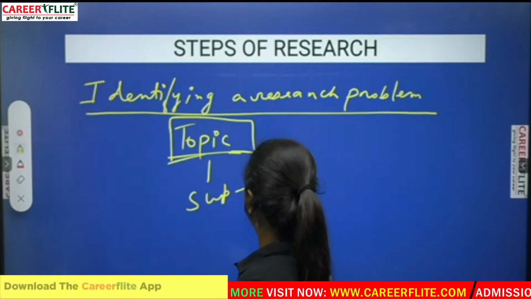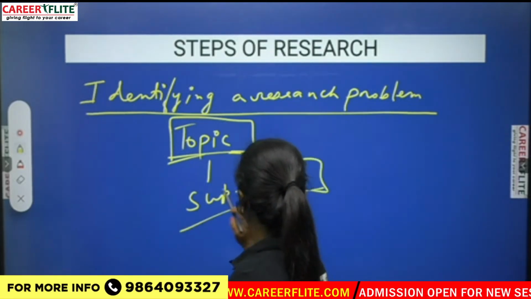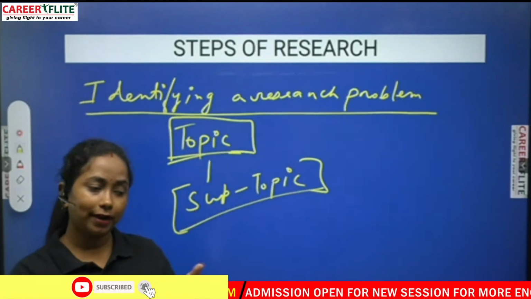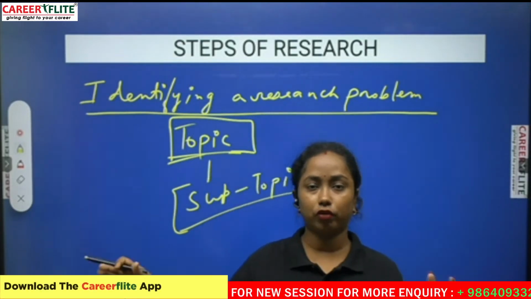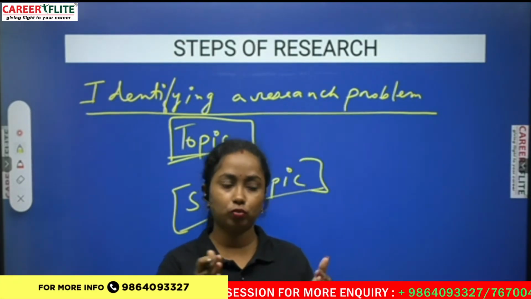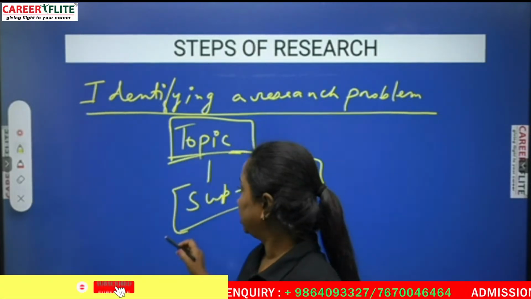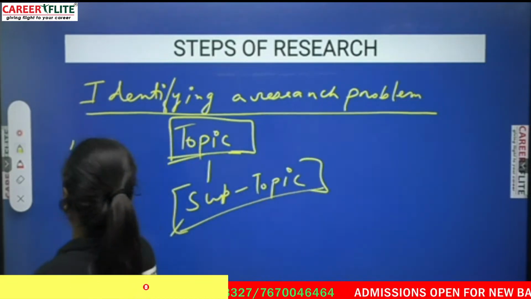Let's say you want to choose your topic as women empowerment. This is the topic for research, and then you need to divide it into different portions. Women empowerment carries a lot of different aspects, so from there you have to choose one particular aspect, in which portion you want to work. That is your choosing of subtopic, and now you need to make a list of questions.